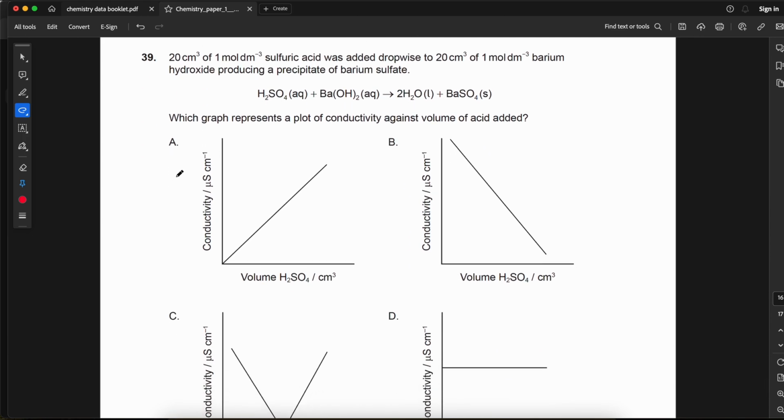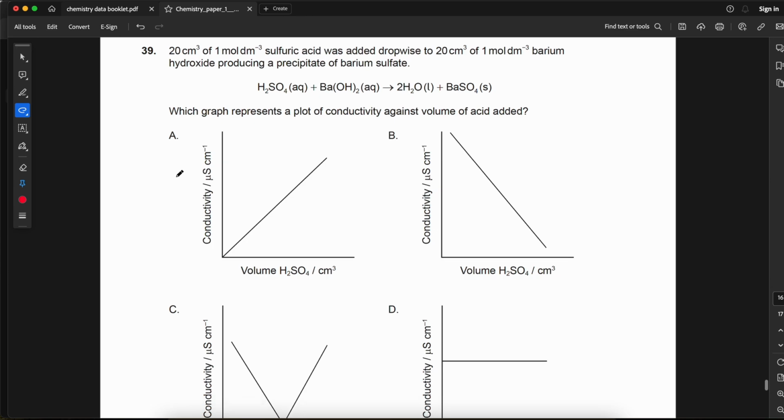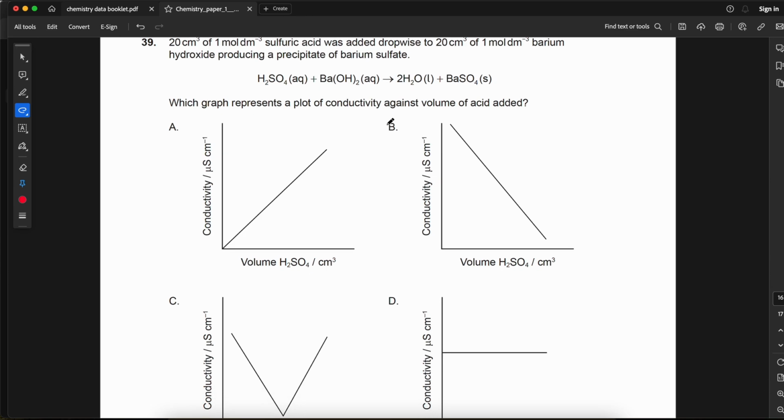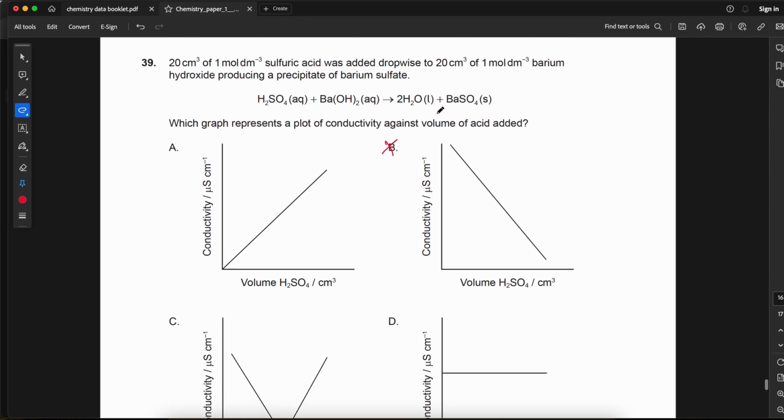20 cm3 of 1 mol dm-3 sulfuric acid was added dropwise to 20 cm3 of 1 molar barium hydroxide, producing a precipitate of barium sulfate. Okay, the answer is B. This curve indicates a decrease in conductivity as more H2SO4 is added.